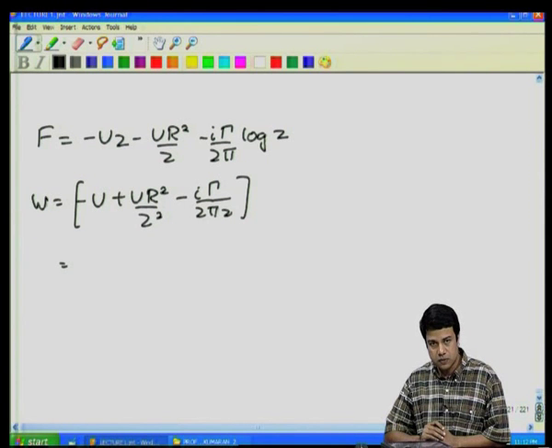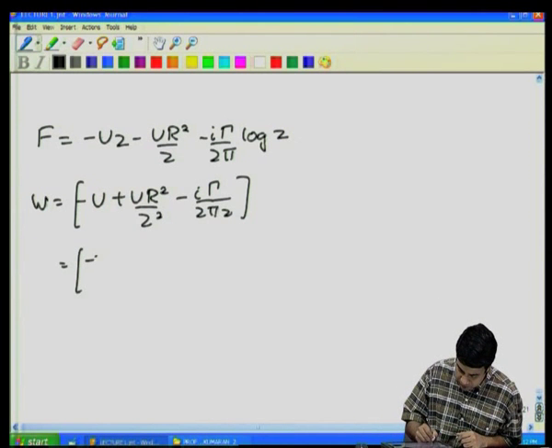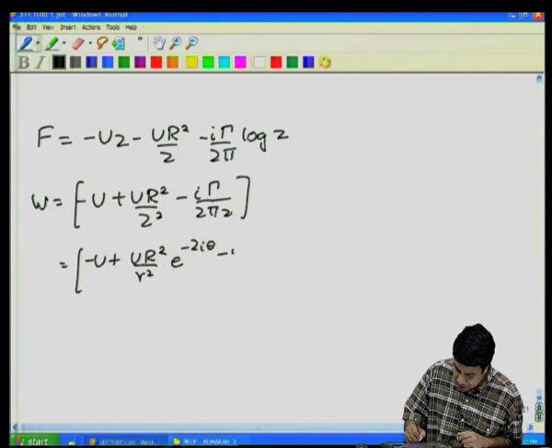I can write it in a polar coordinate system as minus U plus U R squared by r squared e power minus 2i theta minus i gamma by 2 pi r.